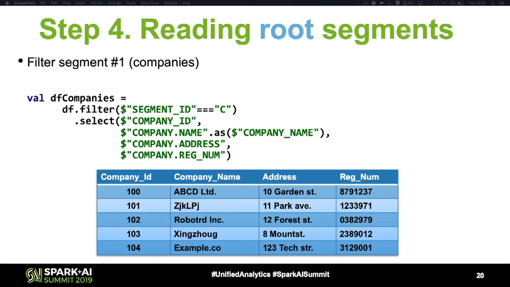Another approach that we could use, besides filling the data with nulls, is to split the segments into separate data frames. We can use Spark for that: we can filter by segment types and select fields that are meaningful for a particular segment. In this case, if segment ID is C, we just get the list of companies.